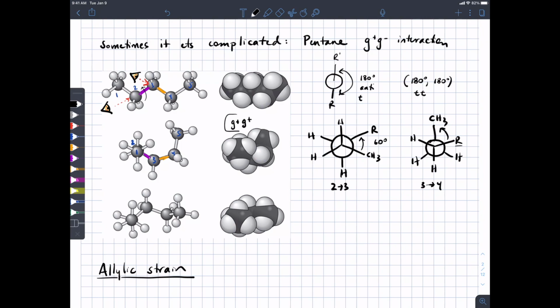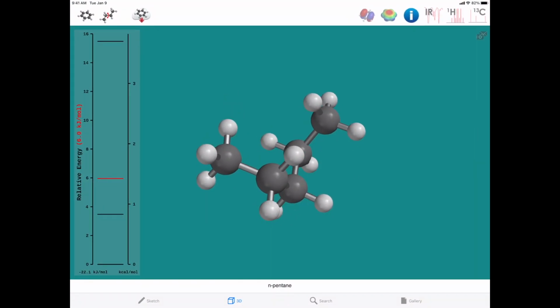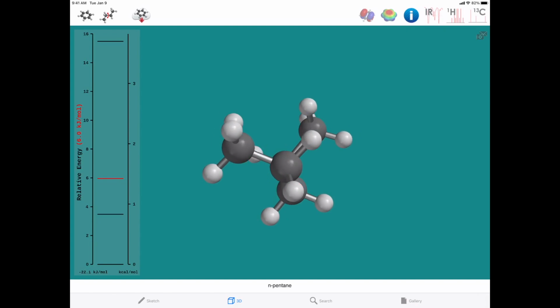And so these are gauche plus, gauche plus. There's an equivalent gauche minus, but the effect of that, if you look at the molecule, is to sort of keep those methyl groups on the end apart from each other. One's going this way, the other's going that way. You see that?